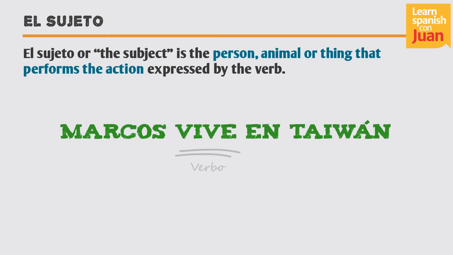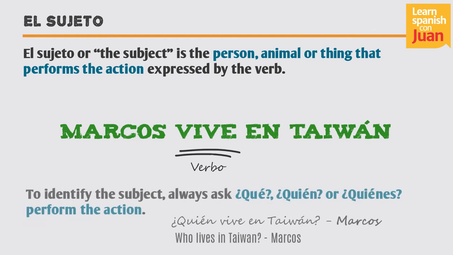First, it is important that you can recognize the main verbs or actions in these sentences. In the first example, the main verb is vivir. By itself, the verb vivir cannot be considered a sentence. But when we conjugate it and say vive en Taiwán, then we can say it is a sentence.